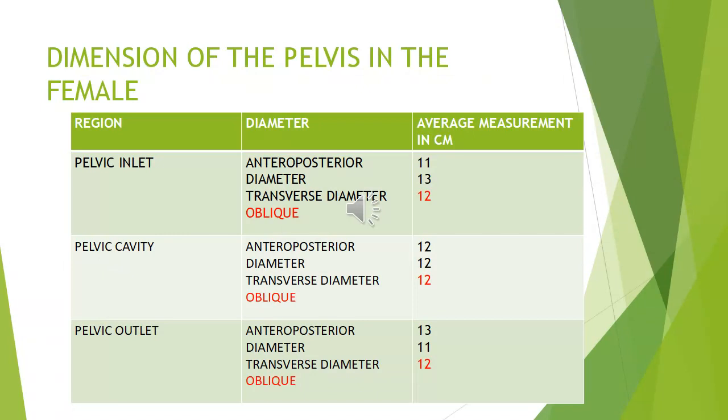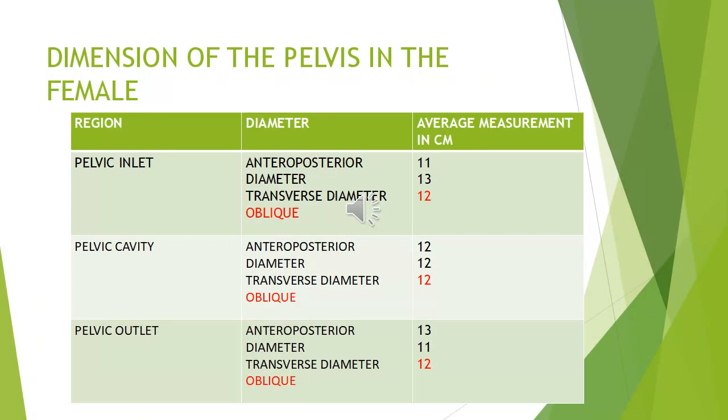The next is the transverse diameter, that is the maximum transverse diameter obtained, which is 13 centimeter. The next one is oblique. From the name itself, it is oblique from one point to the other. In the case of the pelvic inlet, the pelvic brim, you know that after the sacral promontory, the ala of the sacrum will come. Then you will have the linea terminalis, or the arcuate line.